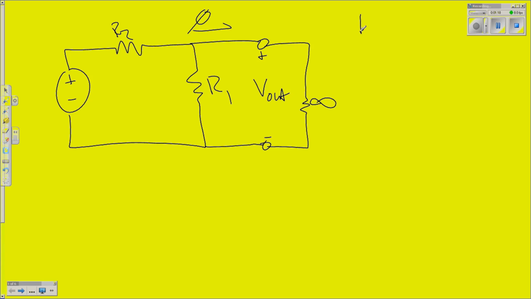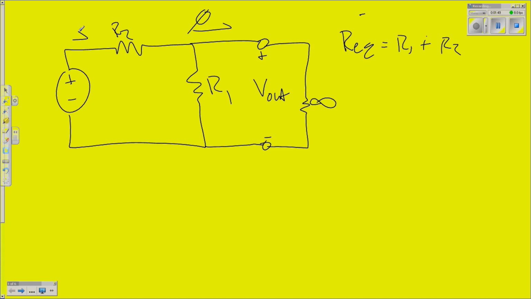So I know first from last video that my equivalent resistance is Req equals R1 plus R2. Okay, got that. How about the current coming out of it?